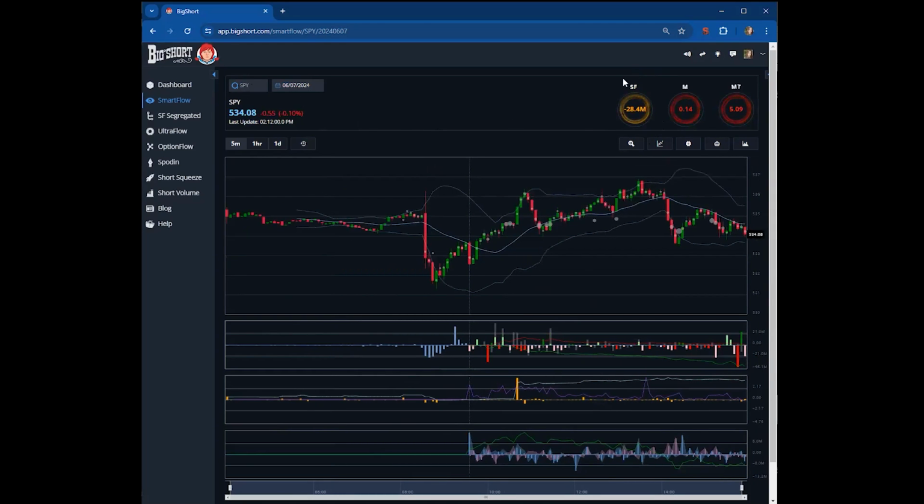So I get a lot of questions about what these gears mean. This is just the gear for SmartFlow manipulation and manipulation tally. And what they tell you is whether or not the current second is more bullish or more bearish compared to the previous second. So if the current second is more bullish, this gear will turn green.